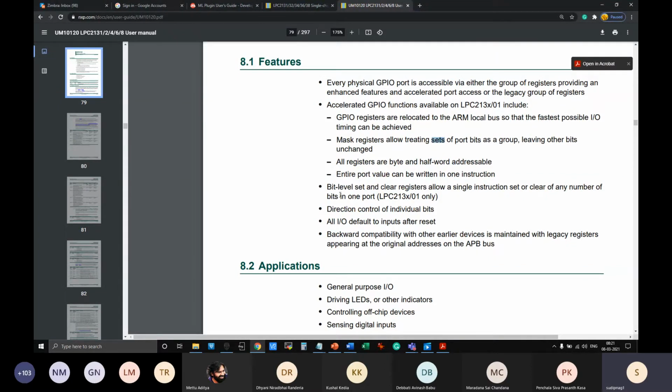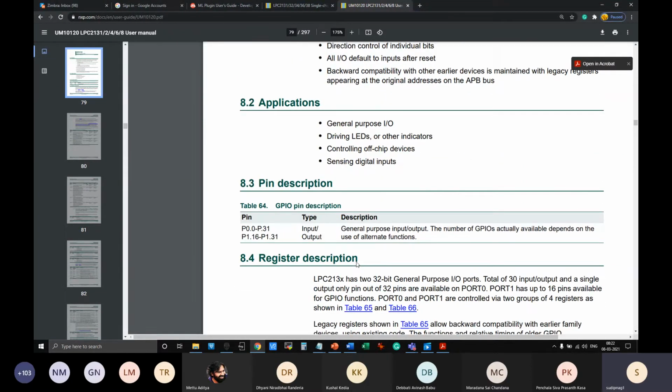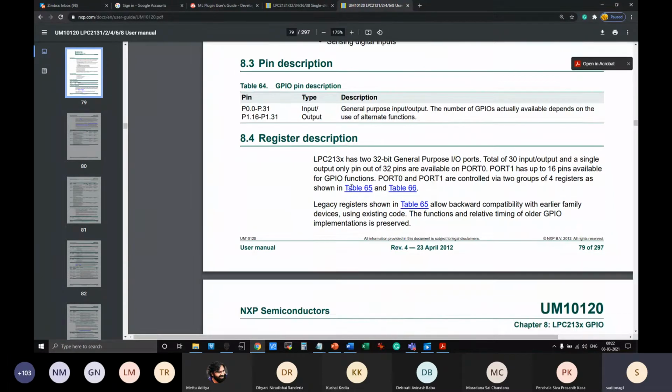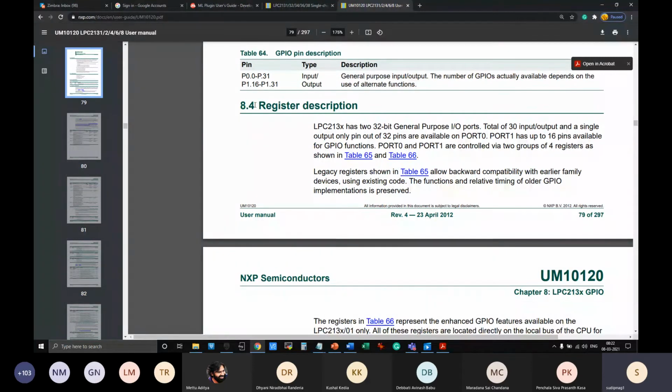You can keep on reading these features, but more importantly, let's look at how to use this GPIO by using the SFRs. That's what is required for your coding, and for that you have to go to this register description. First of all, there are two GPIO ports in this ARM7 microcontroller.